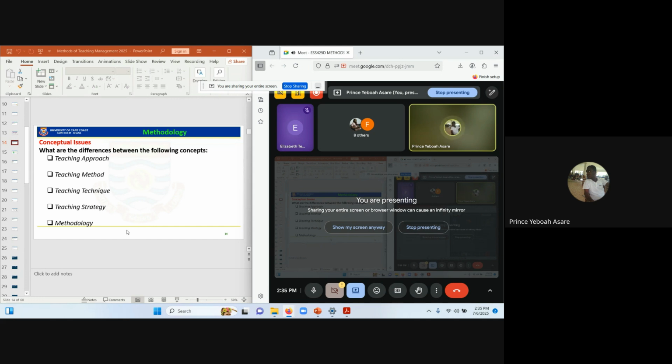So by approach, I can say that how do students learn? So it's a philosophy. How do they come to know what they know? How do they obtain knowledge in the classroom?